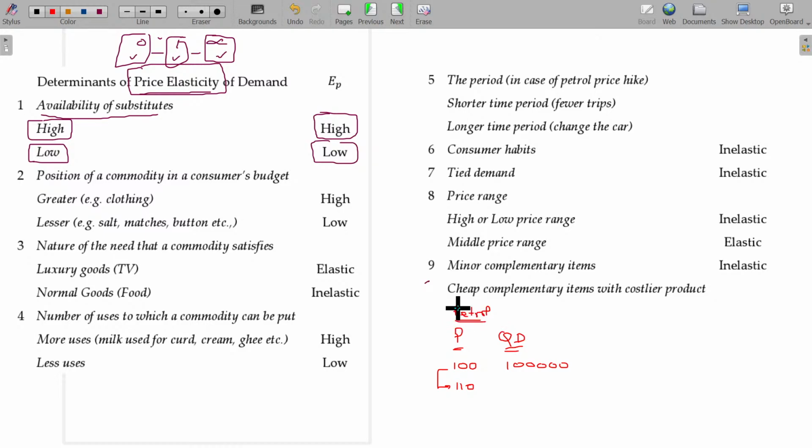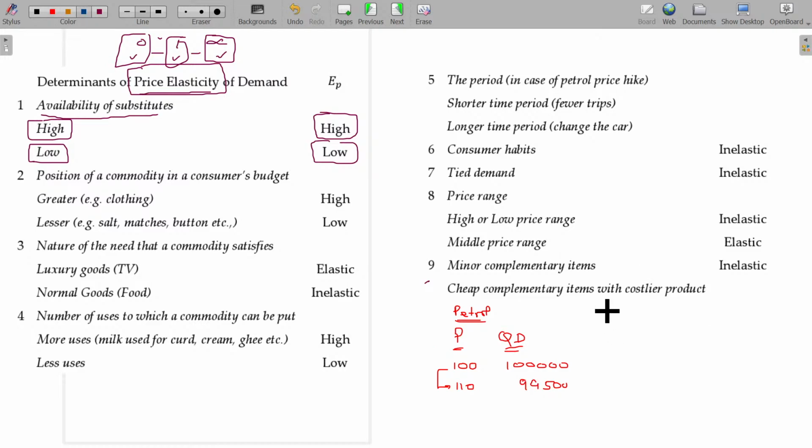We reduce the number of kilometers driven. We use the vehicles only for the needed purpose, right? So as the price is increasing, naturally there will be very lesser impact, 99,500 only. Very lesser impact. Or sometimes it may not be.